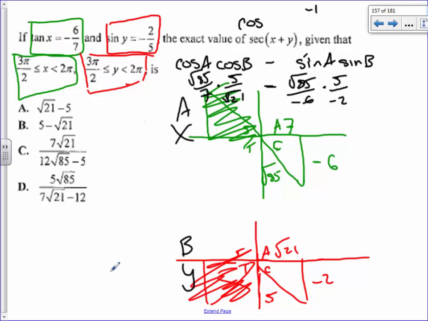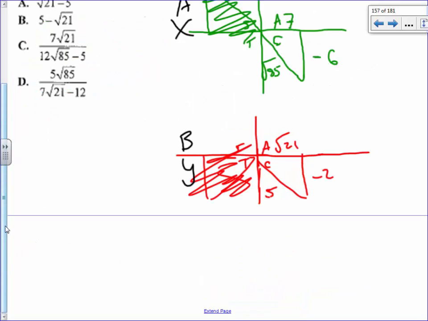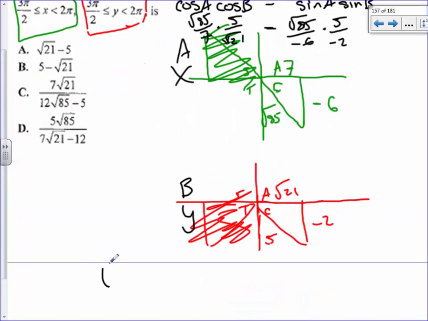All right, I'm going to write this down here because we need to clean this up. We've got root 85 with a 5, and that's all over 7 root 21.